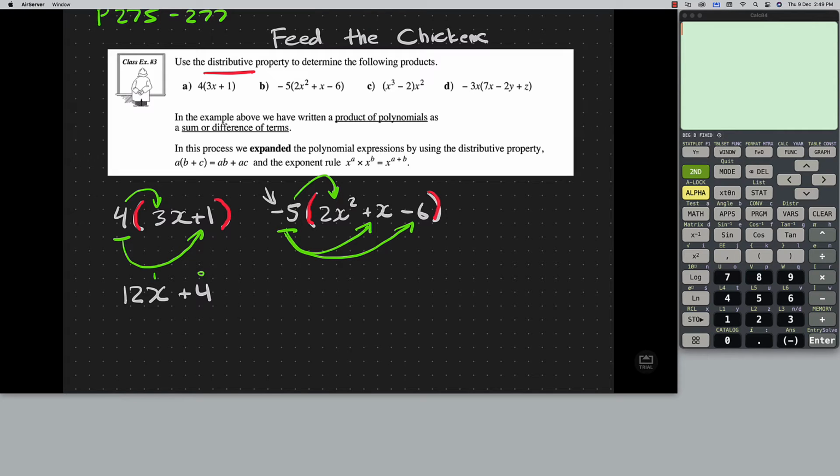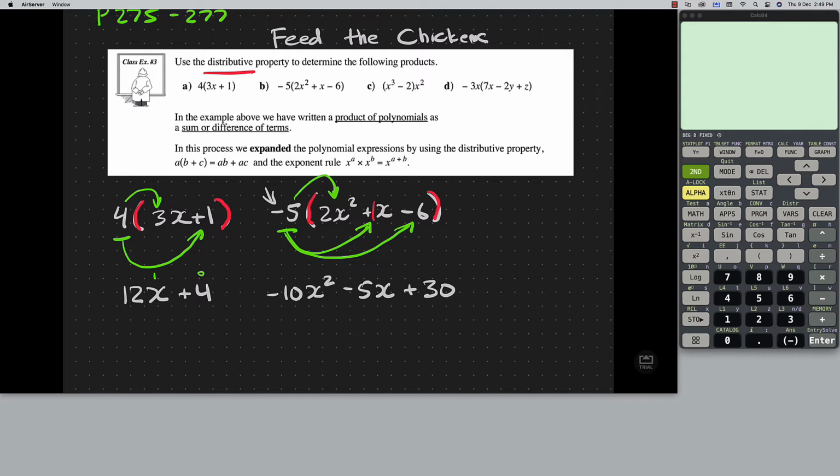So negative 5 times 2 is negative 10, and don't forget the x squared. Now negative 5 times x is, now don't forget in front of that x there is an imaginary little 1, and that becomes negative 5x. And finally we have negative 5 times negative 6. 2 negatives make a positive, so we have a positive 30.